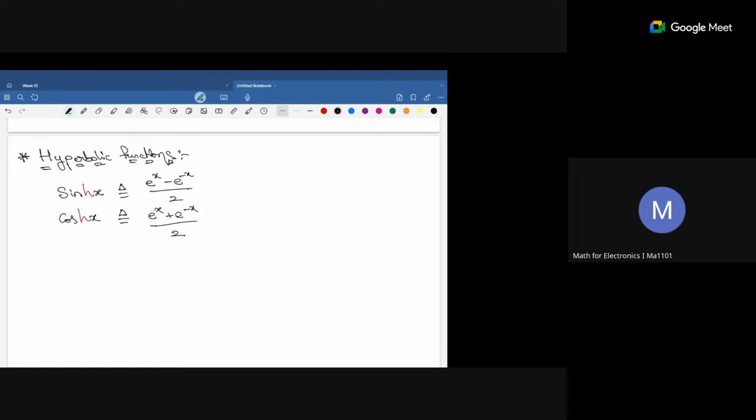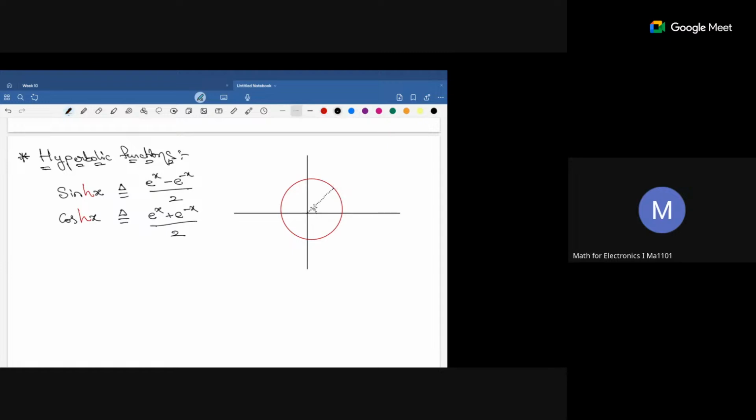All right, and if you see the graphs of these, there is a very good connection to trigonometric functions. We know how we define trigonometric functions.